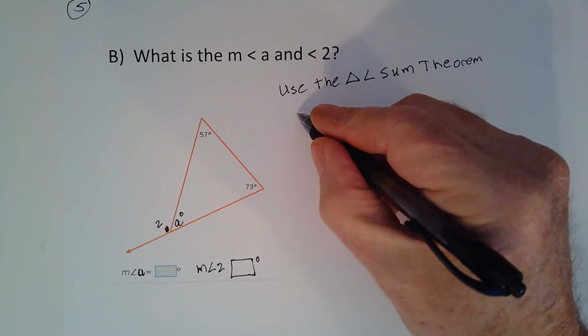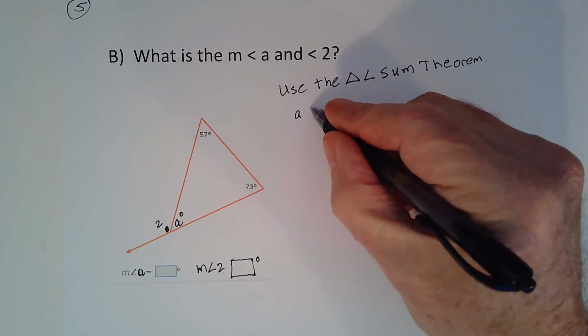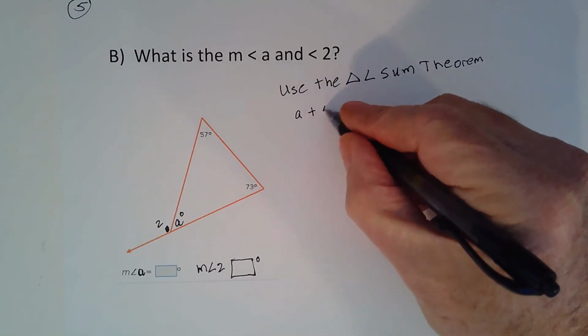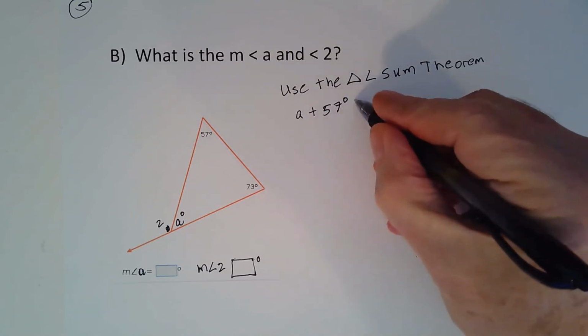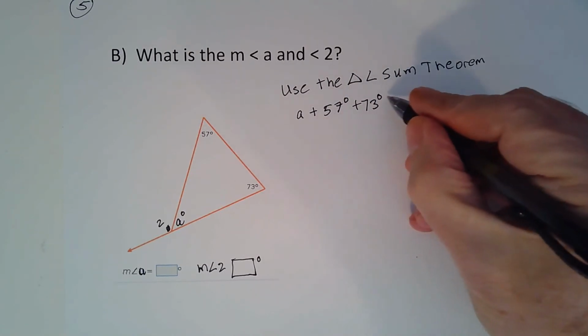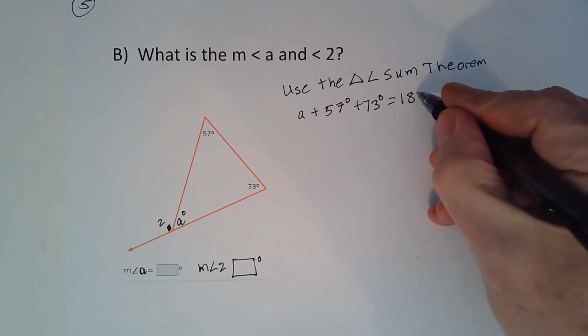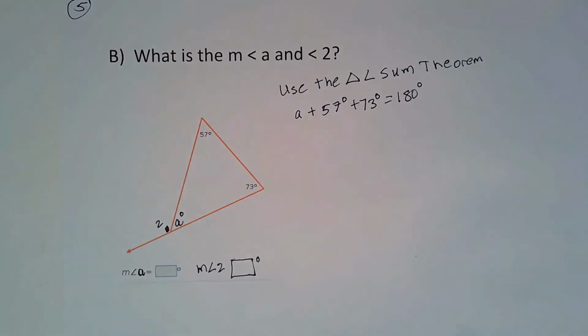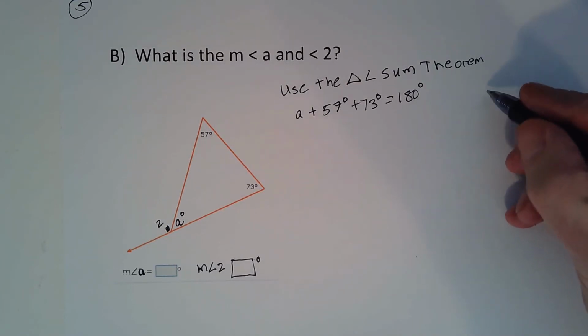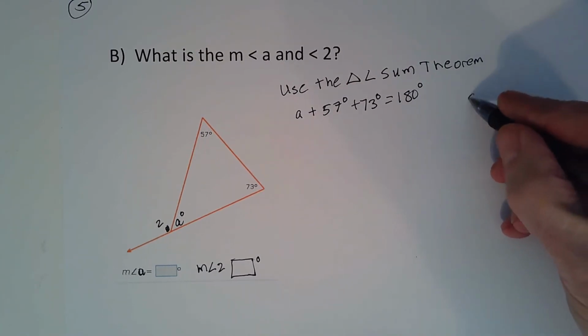So angle A plus 57 degrees plus 73 degrees equals 180 degrees. Okay? Now we're going to combine like terms.